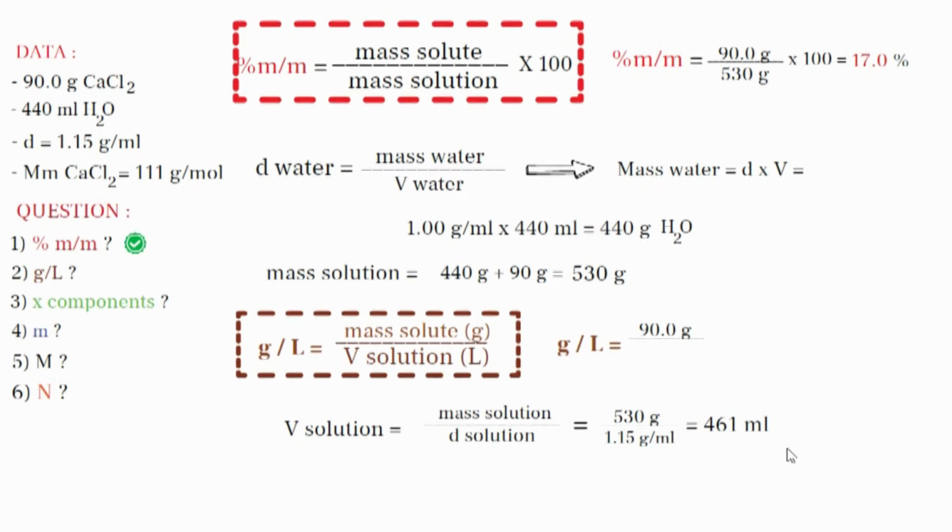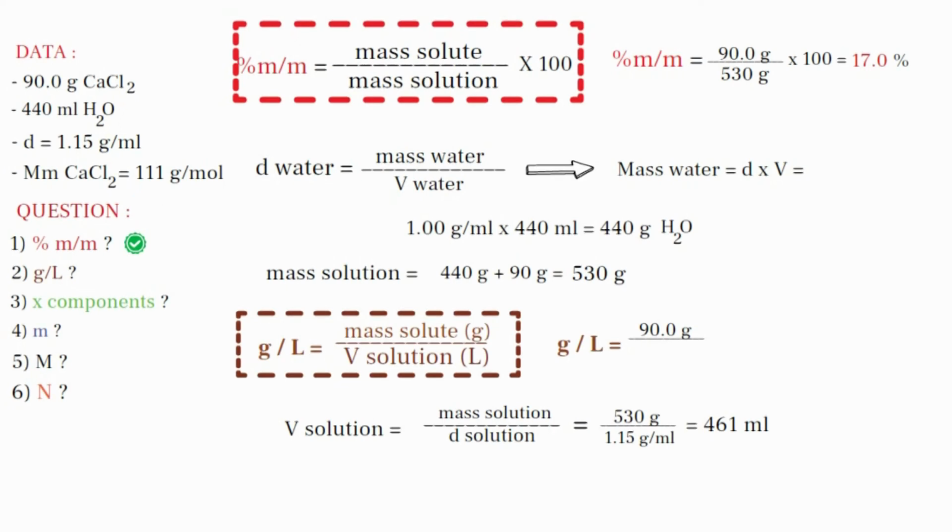So as you can see, we have dissolved 90 grams of CaCl2 in 440 milliliter of water, and the volume of total solution is 461. So it's 21 more if compared with the volume of water. This means that when you dissolve solute in your solvent, the volume will change.